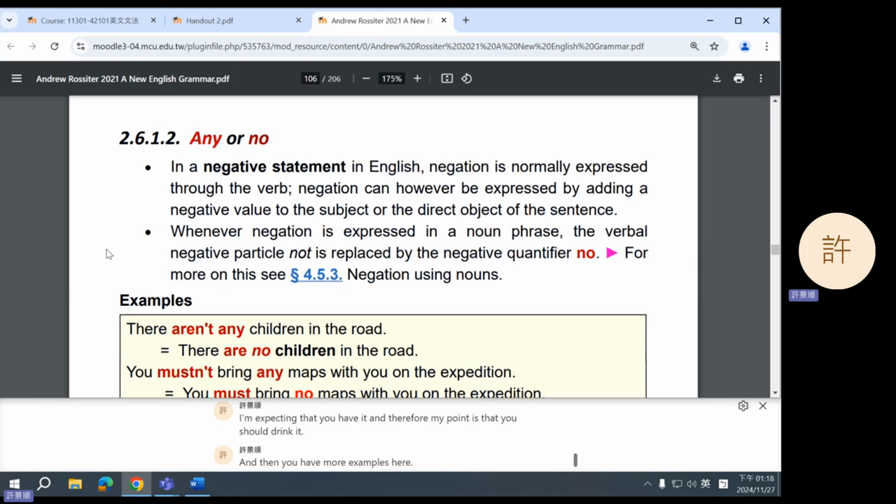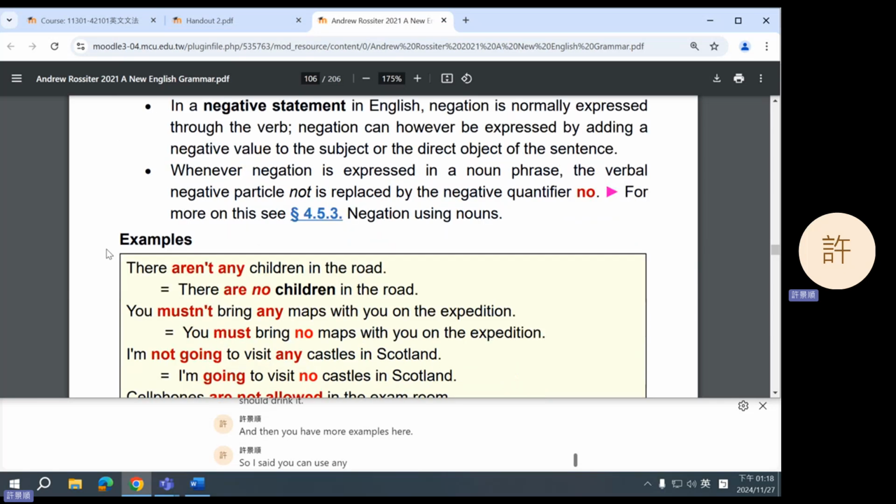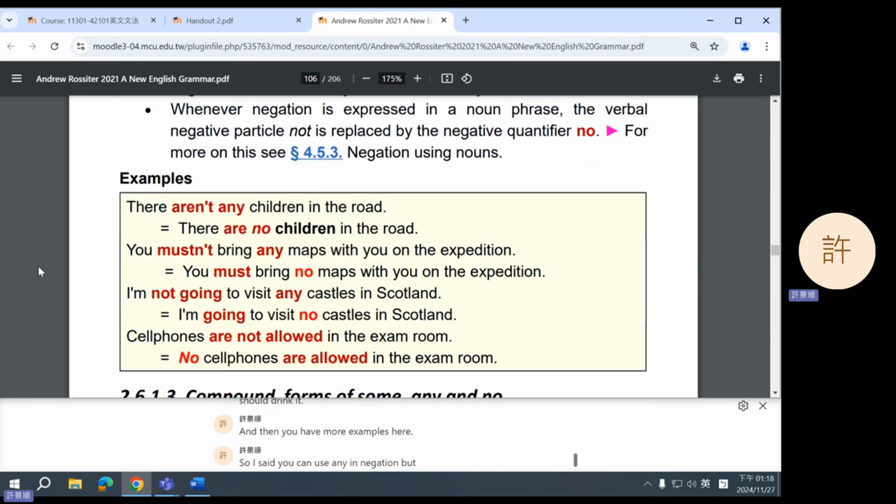So I said you can use any in negation, but another way to negate is to add the word no. So for example, there aren't any means there are no. English is fun like this. You can move the negation around, either not or no. So you mustn't bring any, which means you must not bring any.